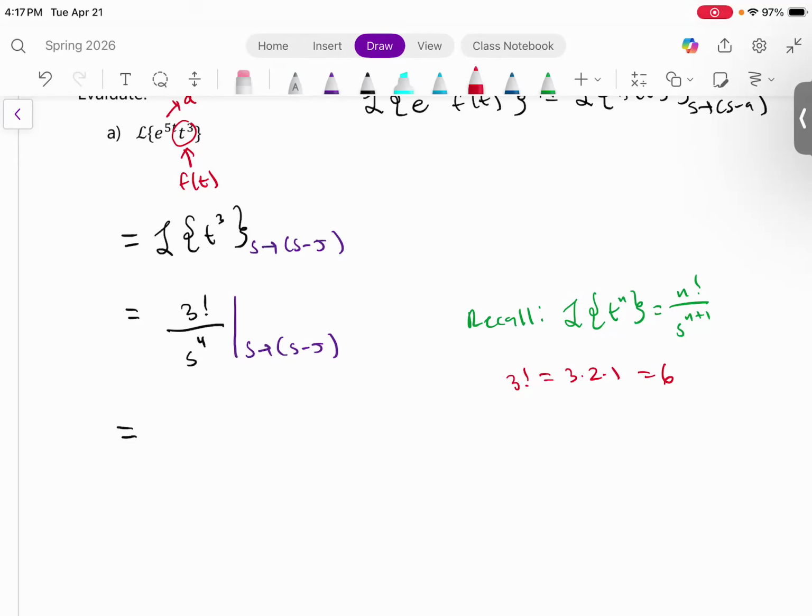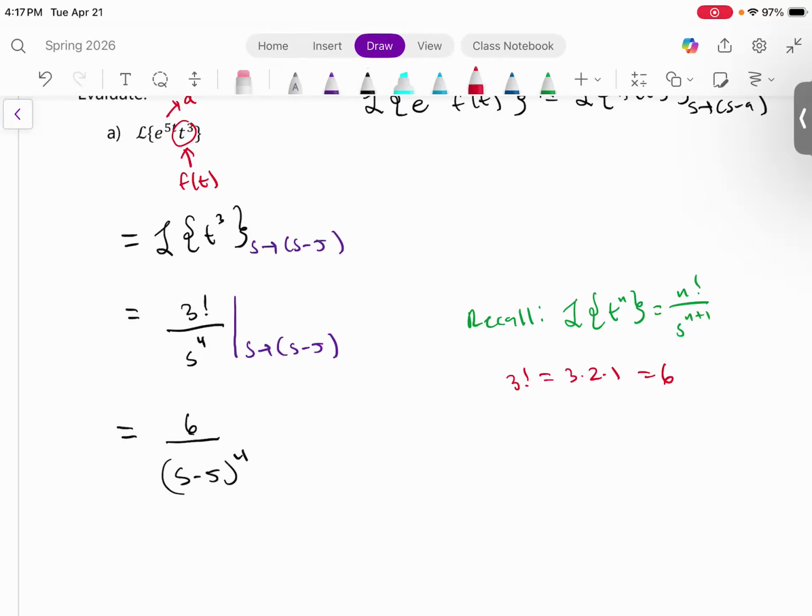So this would be 6 over s to the 4th. But remember, we are shifting s 5 units to the right. So the way we would write this is s minus 5 to the 4th.